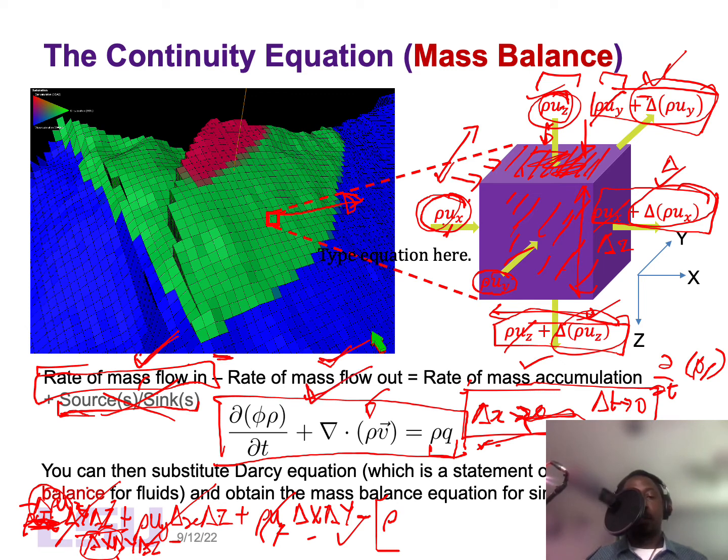And that's the basis for reservoir simulation. All we need to do to get the governing equation for single phase flow in reservoir simulators is to substitute the Darcy equation for velocity in here. And that's the equation we solve in reservoir simulation.